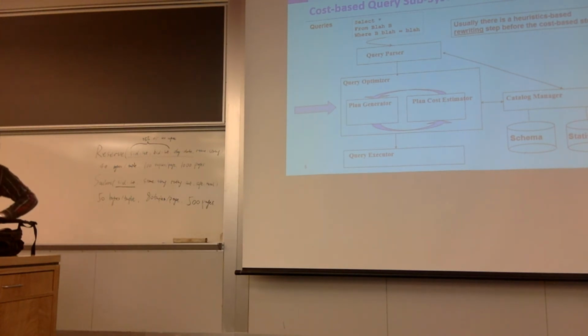Oh, yeah. Actually, it's a little bit complicated to answer this question. If you want to simplify things, ideally you just have a bunch of options for each of the logical operators. But in reality, some operators must come after specific operators, like distinct must come after sort or hash, something like that.